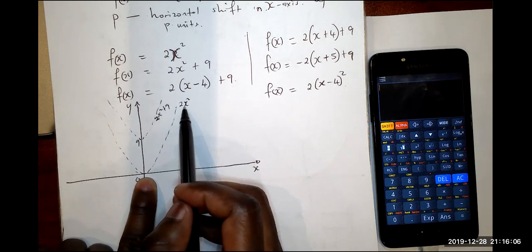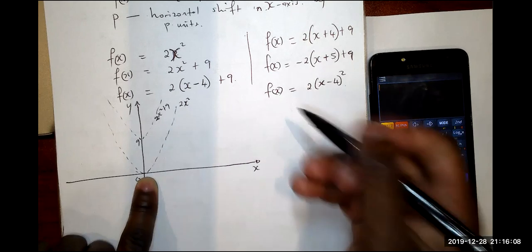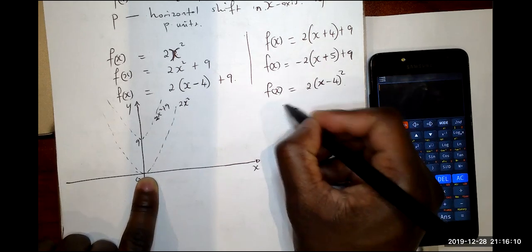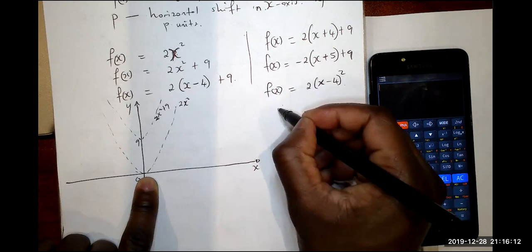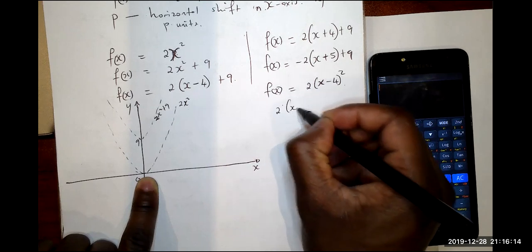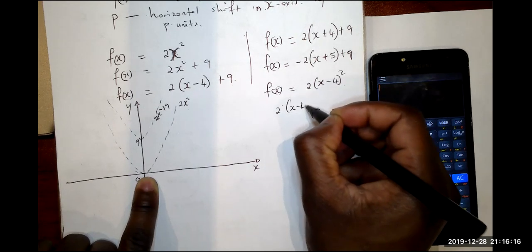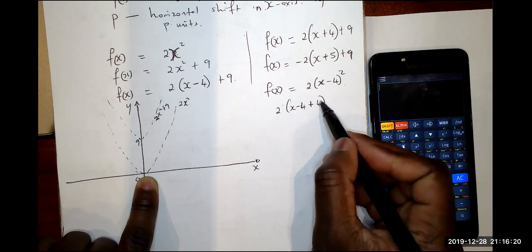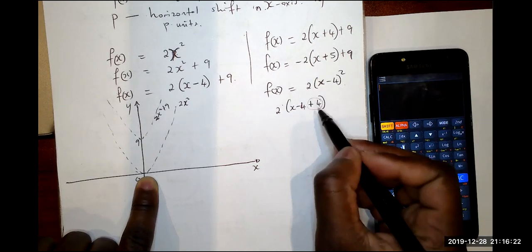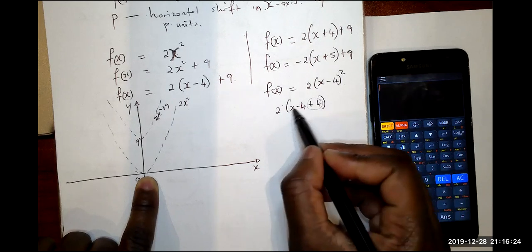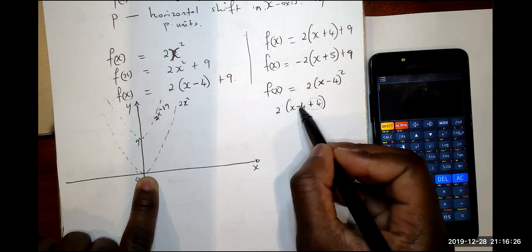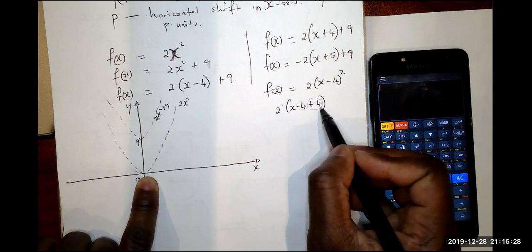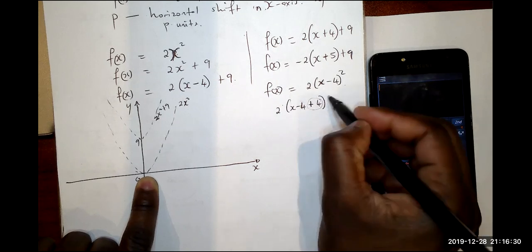We're going to say x minus 4 plus 4, so we need to move the whole thing 4 units to the right.